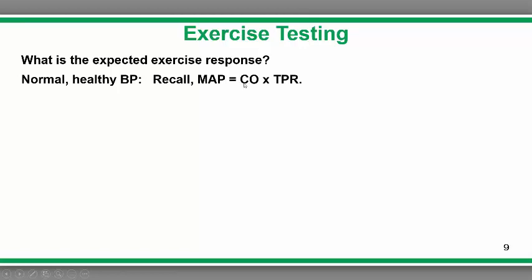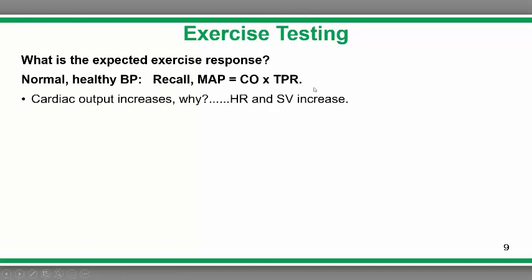This is a reflection of the heart, and the peripheral factors, which is the state of the vasculature, the total peripheral resistance. And so the normal exercise response, so as a person moves from rest into exercise, cardiac output will increase. And cardiac output increases by an increase in heart rate and stroke volume.